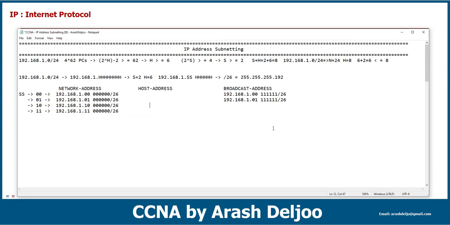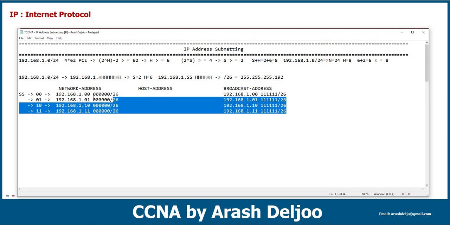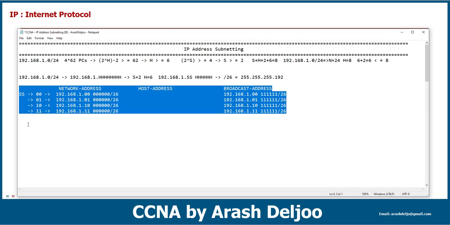For the third network, again we use 1 instead of all of the host bits, and after that the last network, the fourth network, 192.168.1 with 11 and all host bits 1.